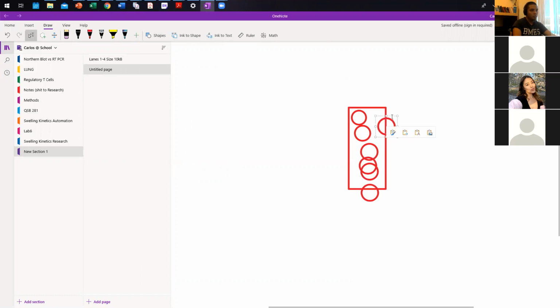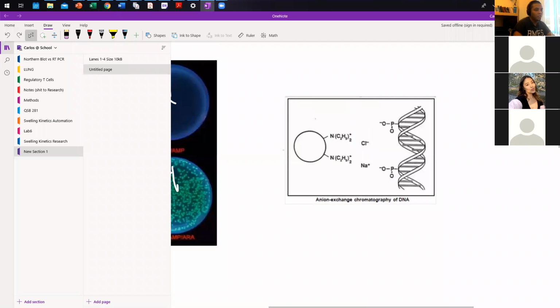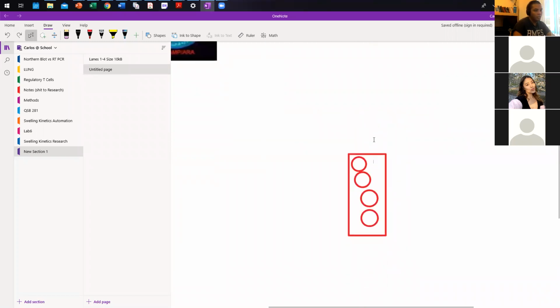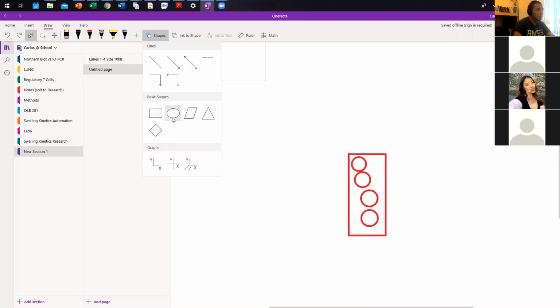All these little spheres are positively charged. And you're going to pour your plasmid in, and there's going to be an opening at the bottom.